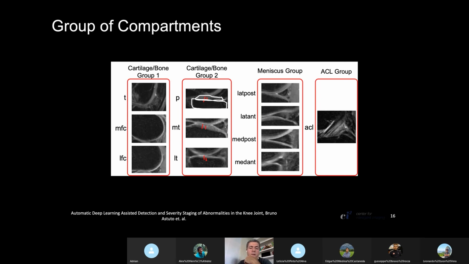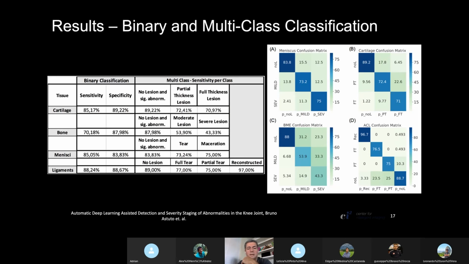So we are working on a cropping procedure especially for bone. We trained a model for segmenting the bone, and then we cropped the bone, and now we have to train the multi-class models specifically for bone. But these are the results that we have so far.